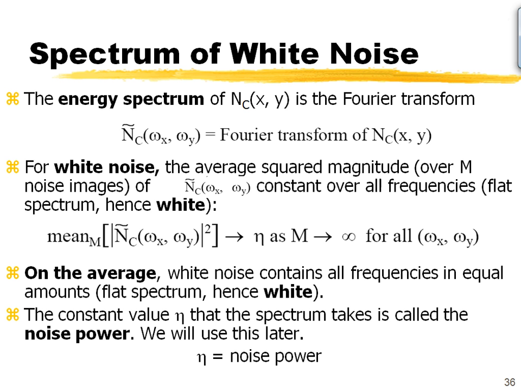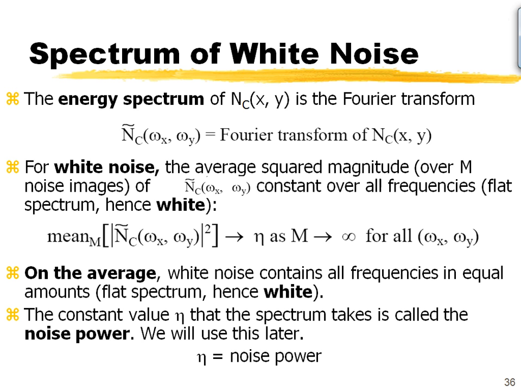Well, I don't really have n, but one thing I do know is that the signal is zero mean, right? So what does that mean? If I have a zero mean signal, then I should expect that the mean of the magnitude in the Fourier domain should be a constant.